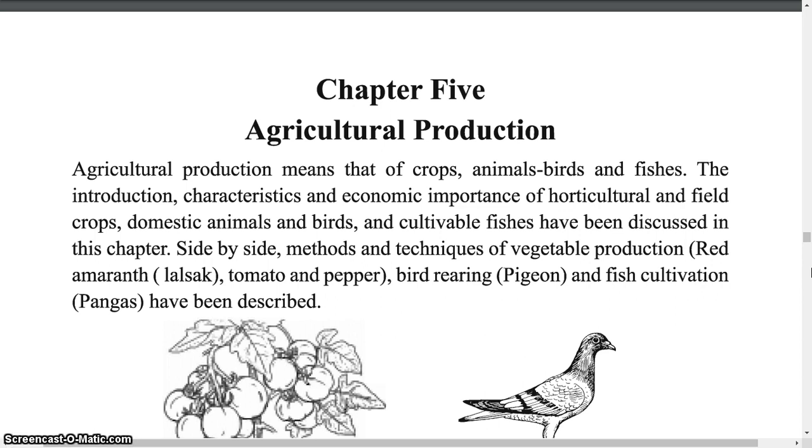Side by side, methods and techniques of vegetable production, red amaranth (lal shak), tomato and pepper, bird rearing, that means pigeon, and fish cultivation, pangas, have been described.